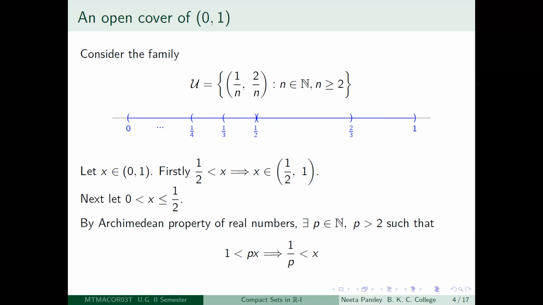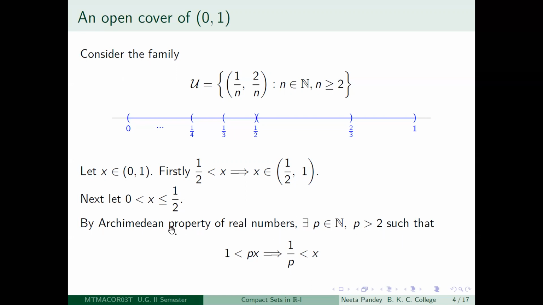And clearly p has to be greater than 2 because if p is 2, then twice x is actually less than or equal to 1, right? So if you want to get a number which is greater than 1, then you have to multiply x with more than 2. That is clear, right? 2x is less than or equal to 1.